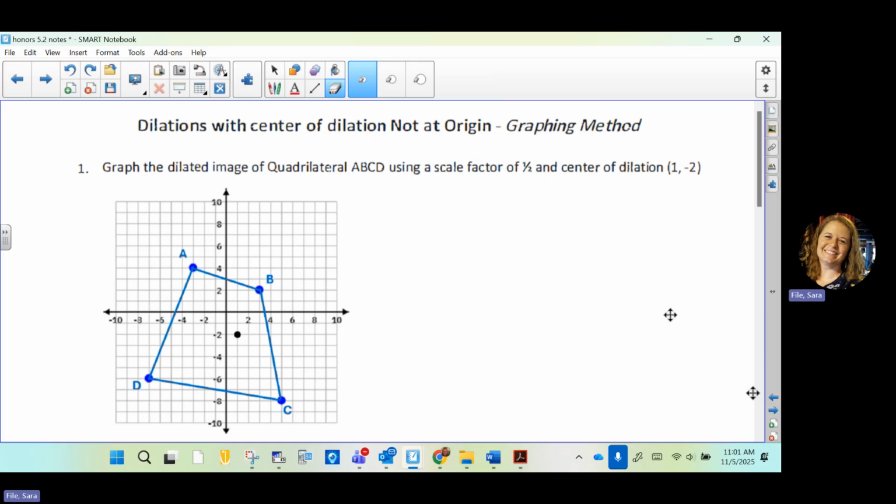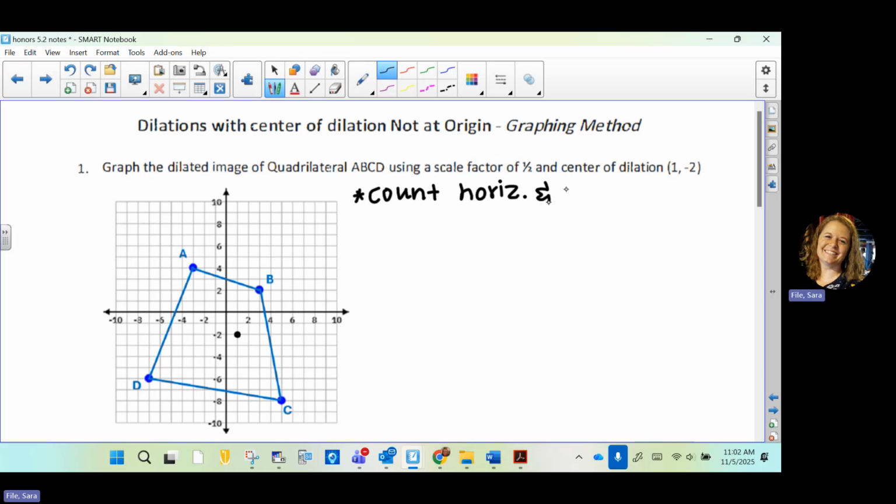Okay, so the graphing method. Instead of having to use that formula and do all that math, like inputting the x and doing the opposite, then scaling, then going back, instead of that 3-step process, you are simply going to measure or count your distance, horizontal and vertical.